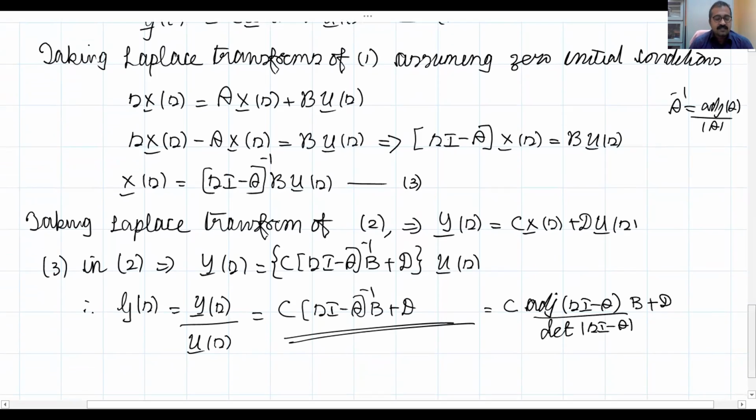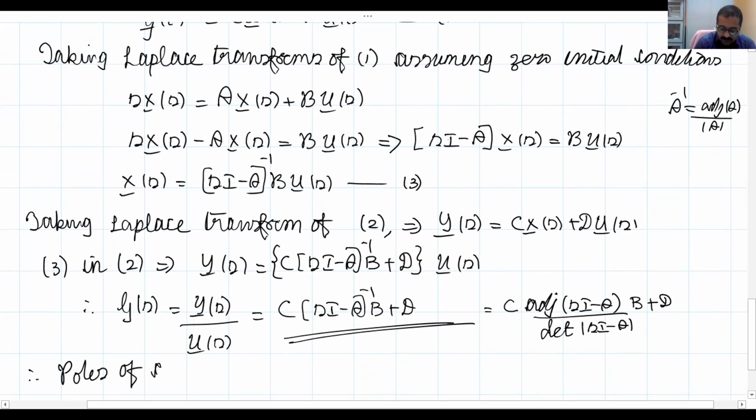What are poles? Poles are the roots of the denominator of the transfer function. Here G(s) is the transfer function, so poles of G(s) will correspond to roots of determinant of (sI minus A). And what are the roots of determinant of (sI minus A)? They are the eigenvalues. So poles of a transfer function.